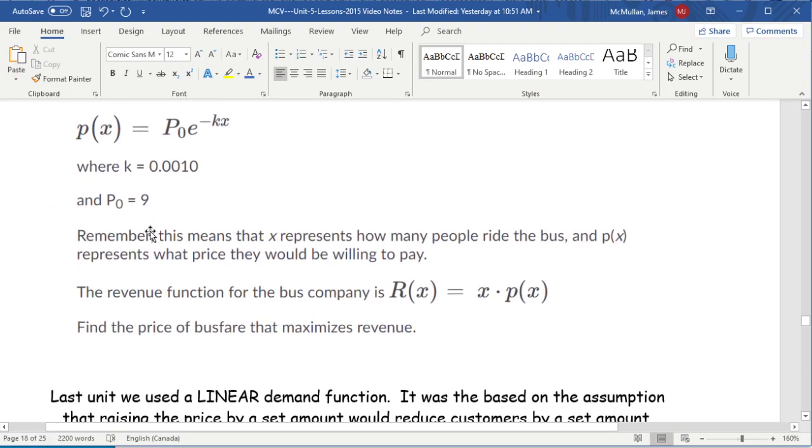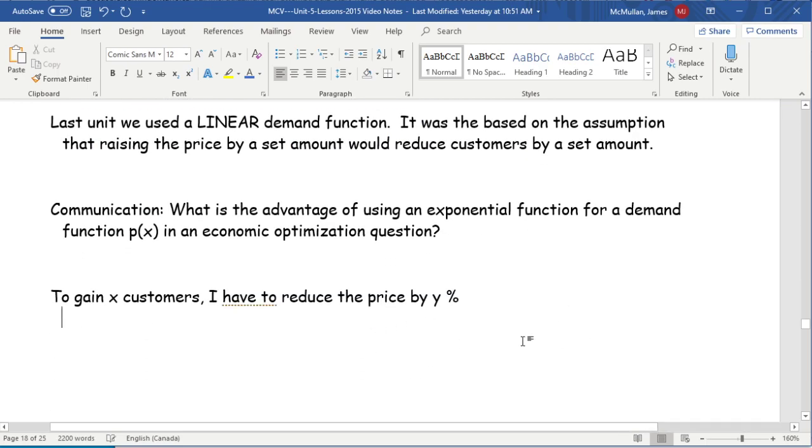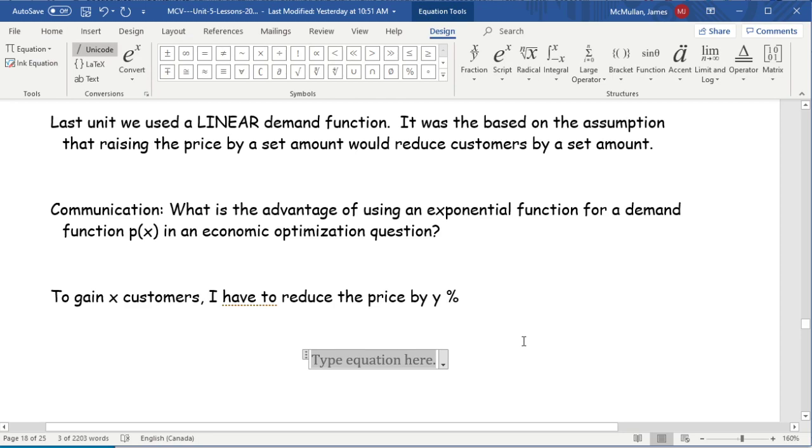Okay, so again, it tells you what the demand function is, and reminds you what it means. And then it says the revenue function is such and such. Find the price of bus fare that maximizes revenue. So let's draw this out. The demand function is equal to 9 times e to the power of negative 0.001x.